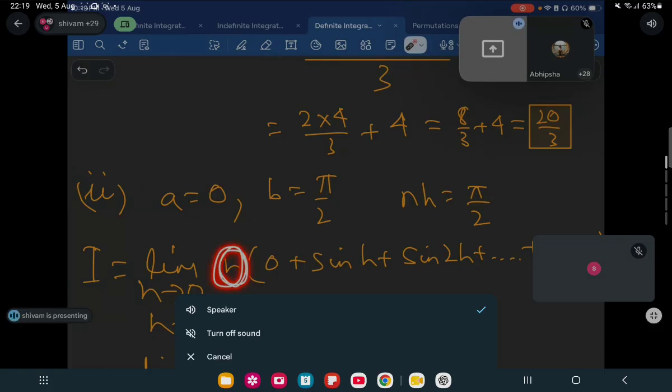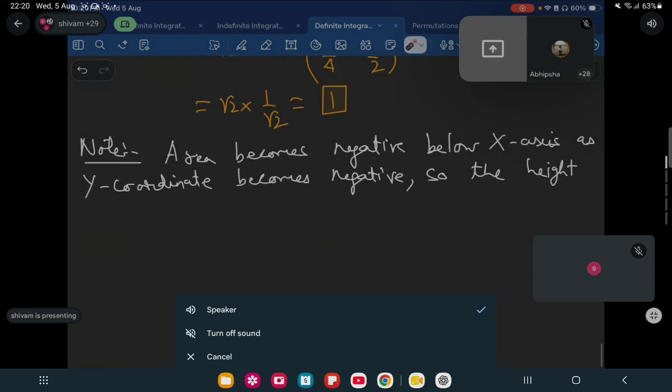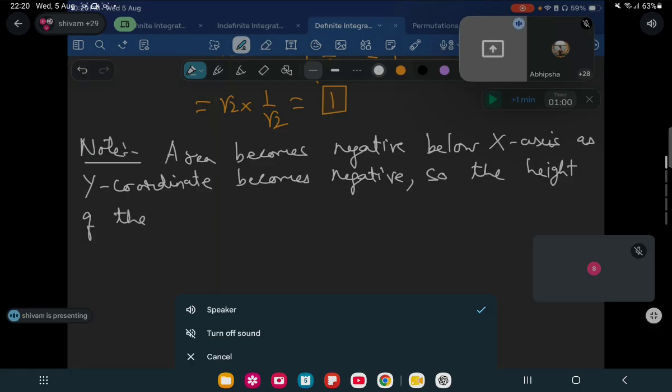If the height of the strip becomes negative, see, this part is negative, okay, the whole area will become negative below the x-axis.